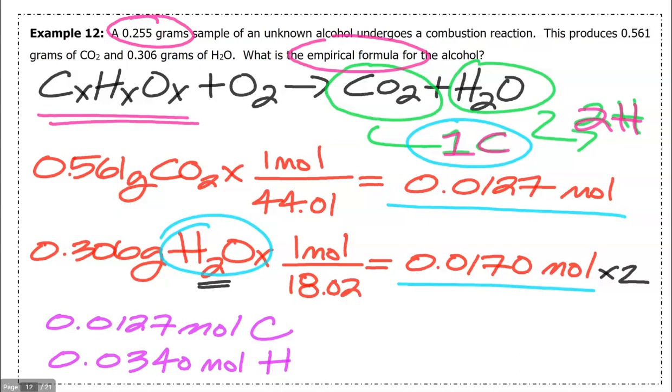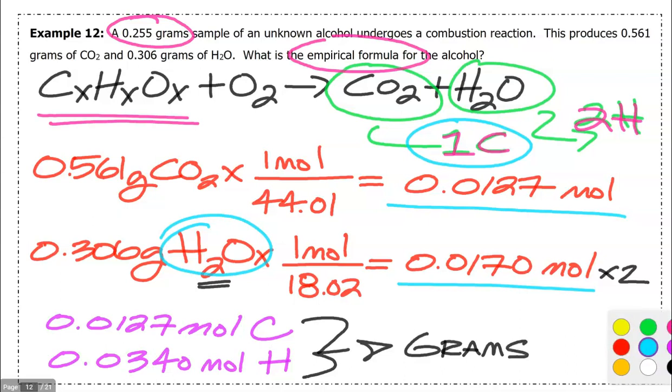Okay, now what we have to do is convert both of these back to grams, because we want to know how many grams of carbon we had and how many grams of hydrogen we had, because the leftover has to be oxygen.